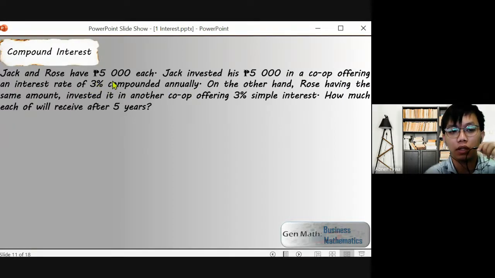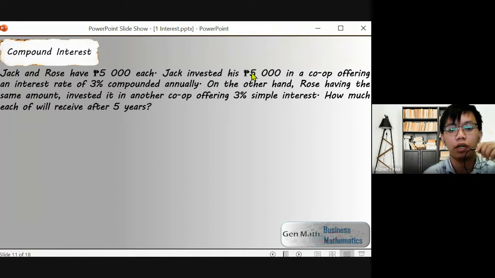So ibig sabihin ng 3% compounded annually, yung pera niya, it grows. So yung annually, that is every year. Always remember, pag annual yan, that is every year. So, ibig sabihin yung pera niya na 5,000, it grows at the rate of 3% every year.